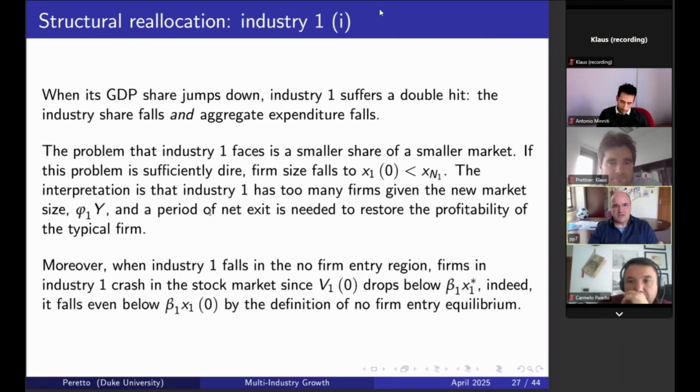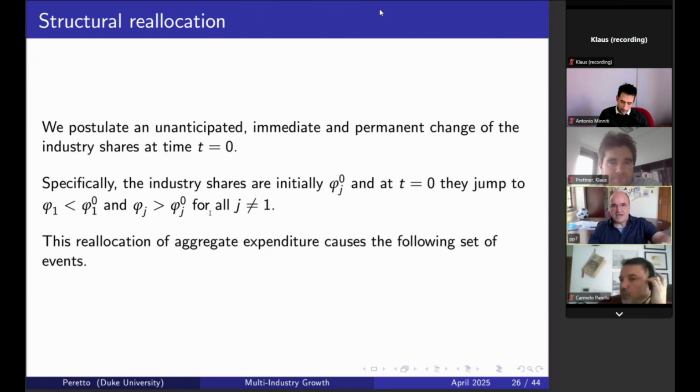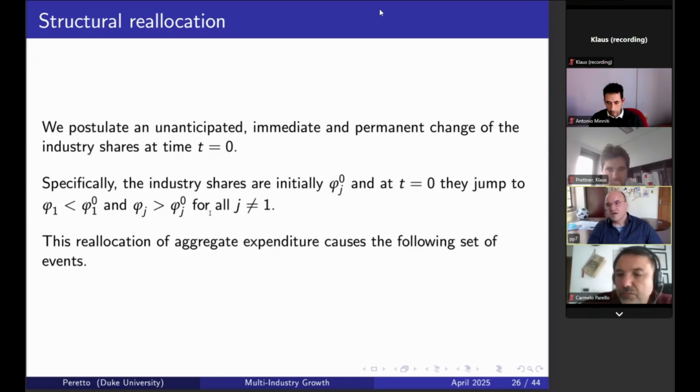Can I engineer the same kind of story through other parameters? Of course. I can leave the expenditure shares constant, and I can imagine a technological disruptive event in industry one of the type where the elasticity of substitution across products in industry one has dramatically fallen for whatever reason.